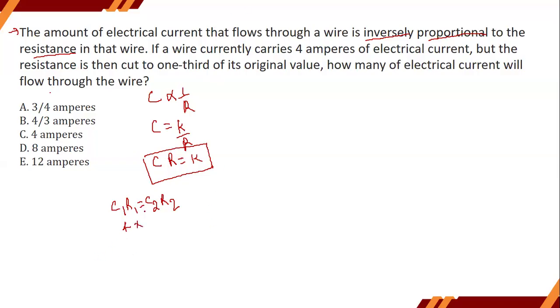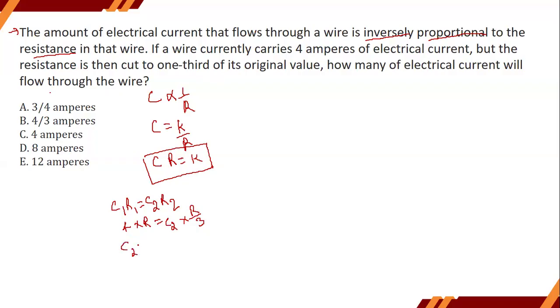So that means if the current resistance is R, and now this is cut to 1/3 of its value, the question is asking how much electrical current will flow through the wire. So the question is asking for C2.